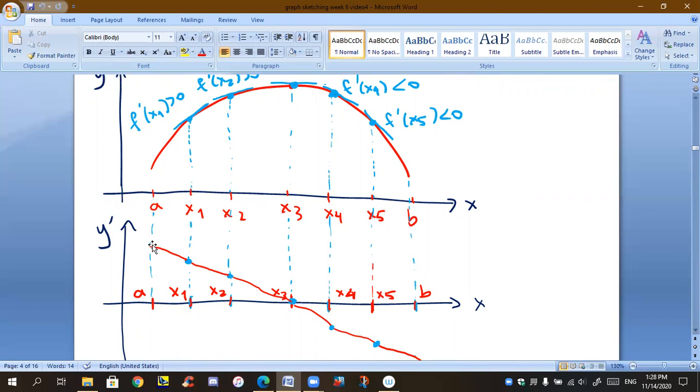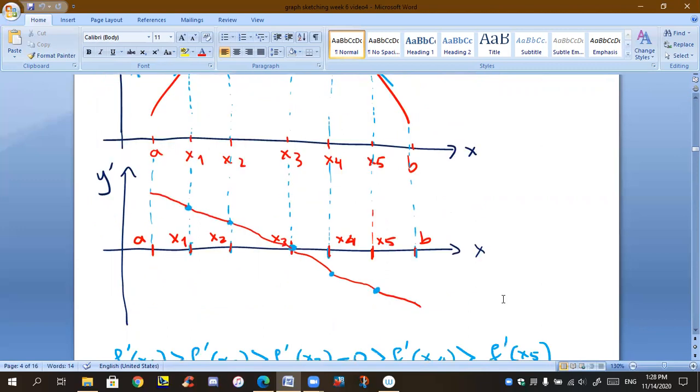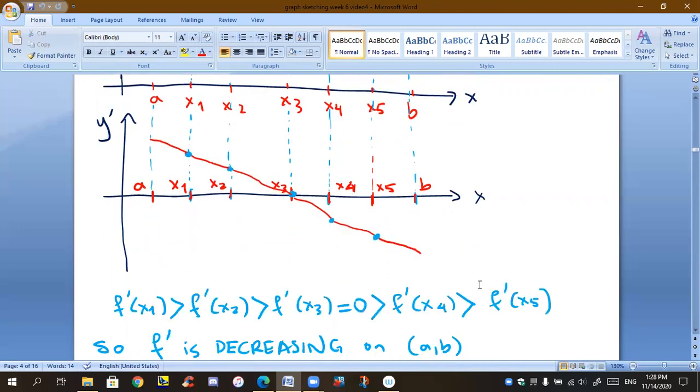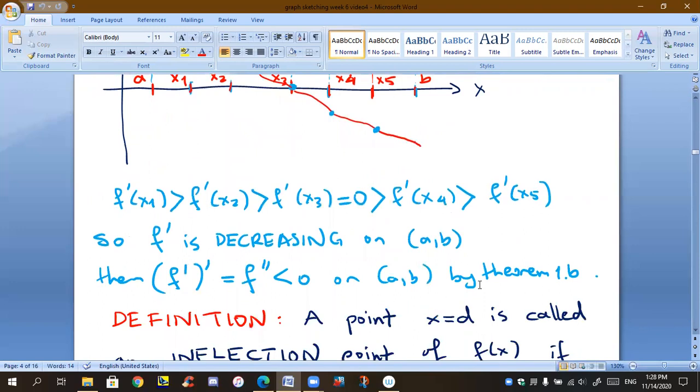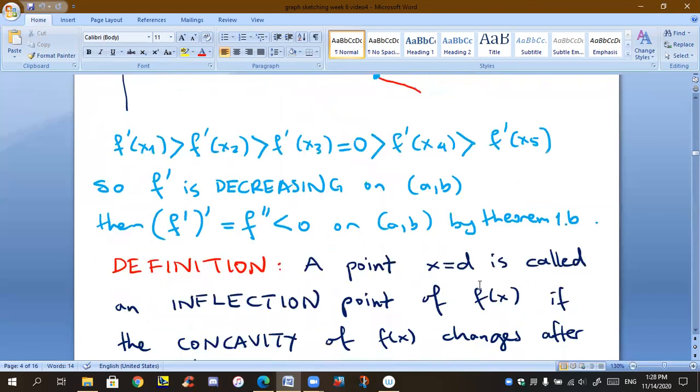So it's going to give us a graph like this, which is a decreasing graph for f prime. So if the f prime graph is decreasing, then what can we say? If a function is decreasing, then its derivative is negative. But if f prime is decreasing, then its derivative, which is the second derivative, must be negative. So if f is concave down, f prime will be decreasing, so f double prime will be negative.